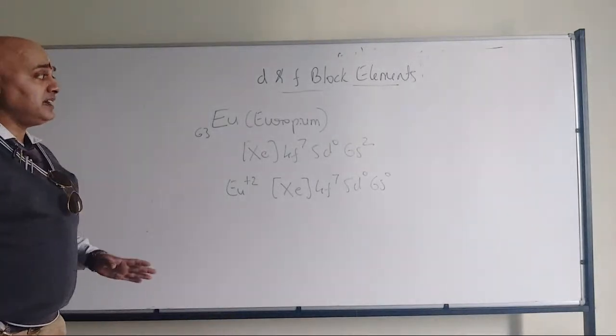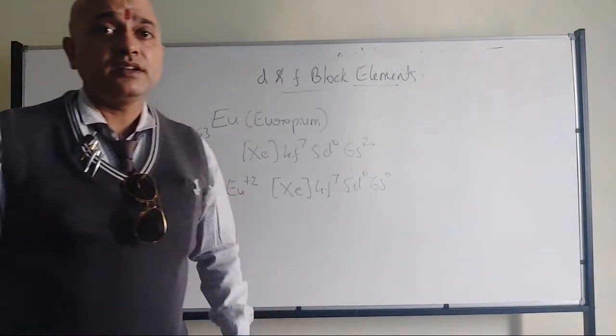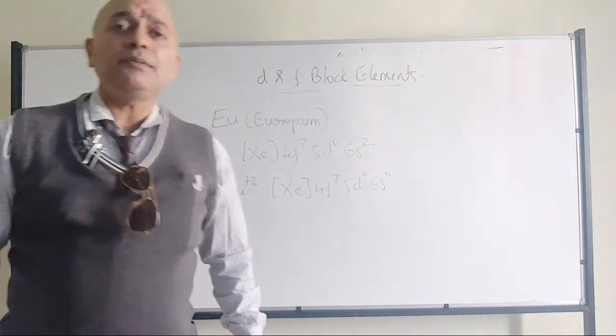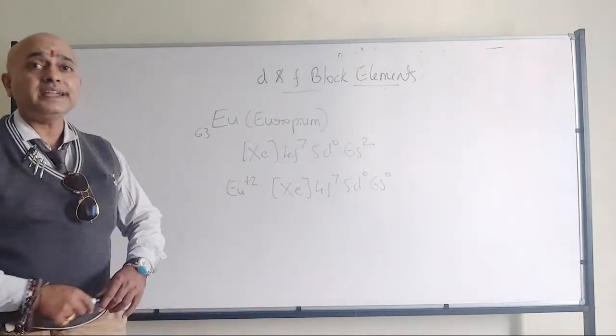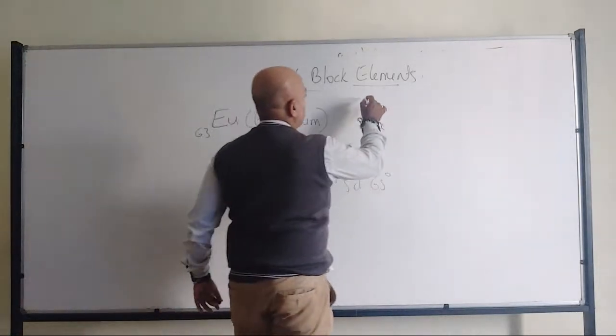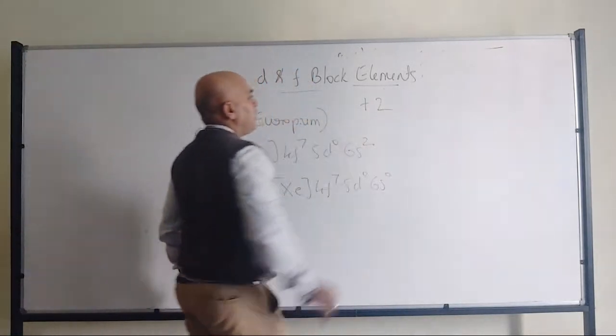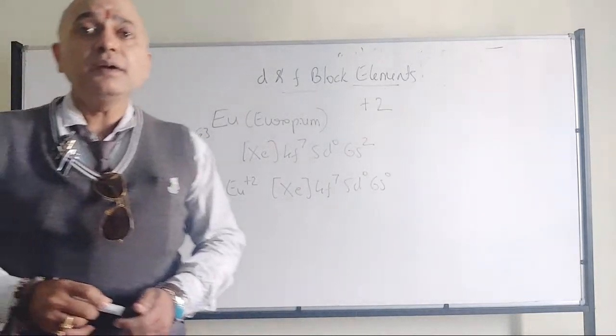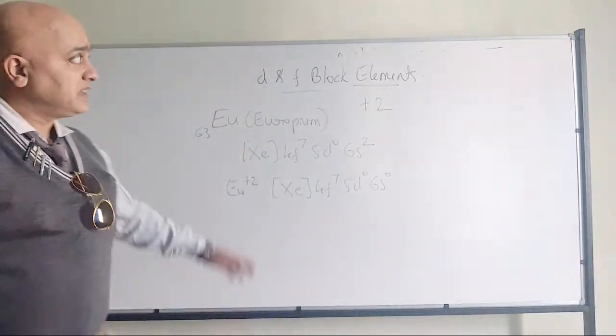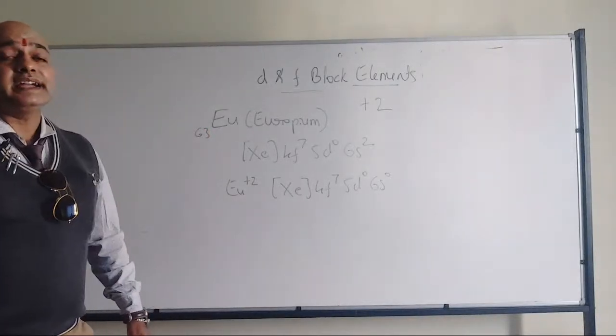What I mean to tell here is most of the elements will show +3, but there are some elements which will have the +2 oxidation state. They will form +2 ions. So this is one of the examples.